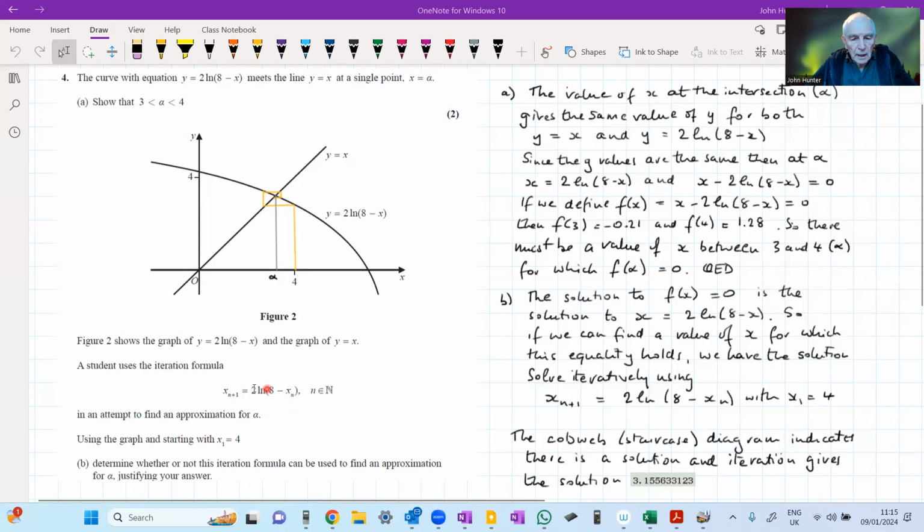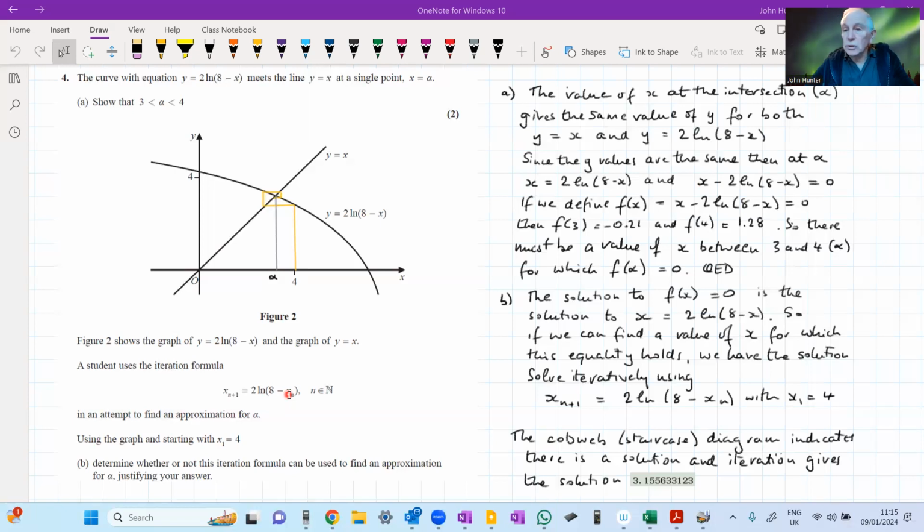In solving it, we're finding the point of intersection of y equals x and y equals 2 natural log of 8 minus x. What we're trying to do is find a solution such that if we put our value into there and into there, then we get equality. The equation actually holds.